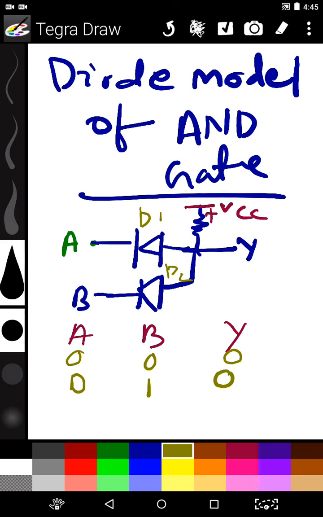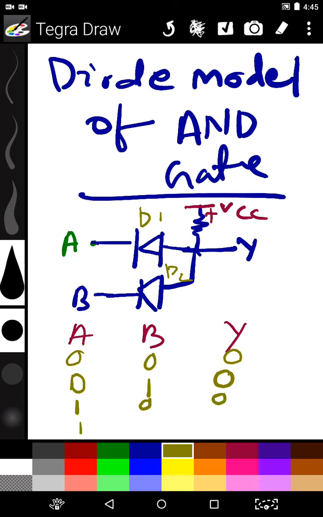Similarly, for A equal to 1 and B equal to 0, the D1 diode will be reverse biased because both its P and N sides are connected to higher voltage. Diode D2 has its N side connected to lower voltage, so D2 will be forward biased. That means Y will be grounded through diode D2, so the output will be 0.